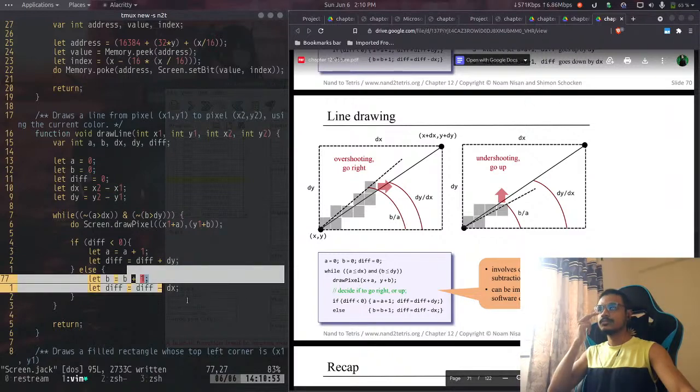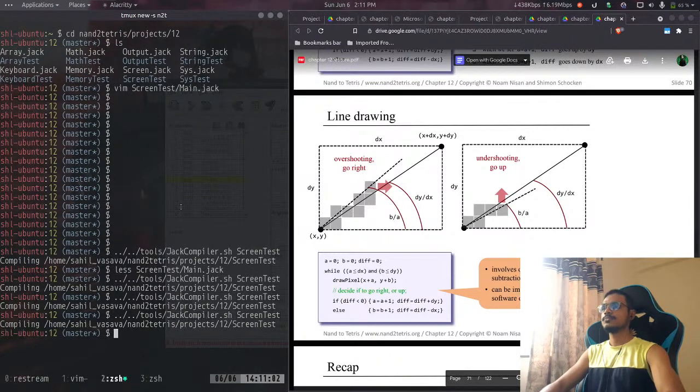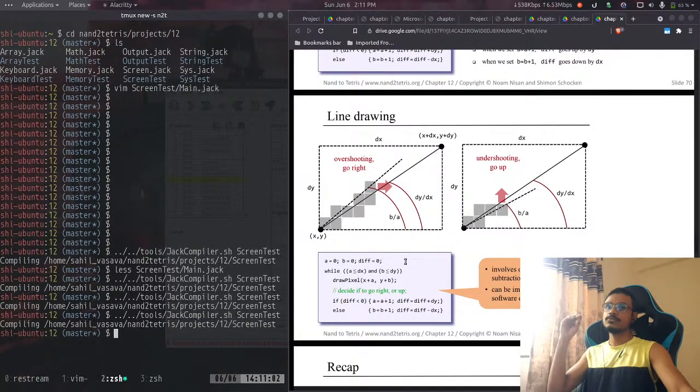See, using this algorithm, according to the slides, it should be able to draw a northeast line.